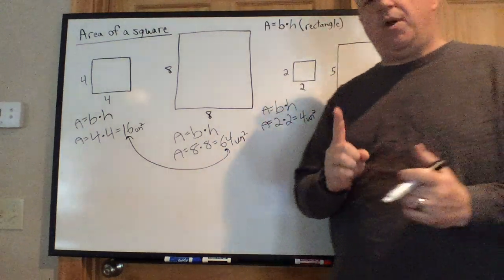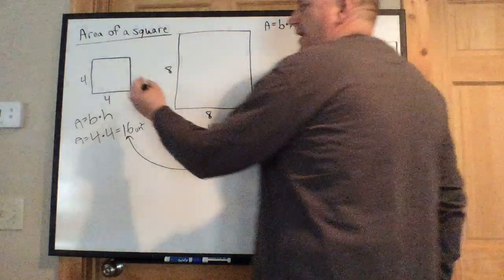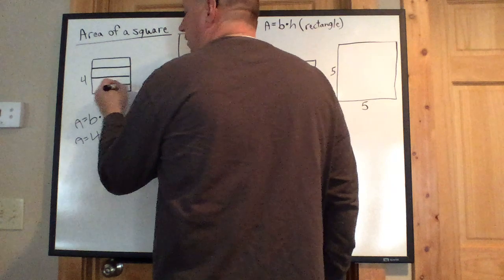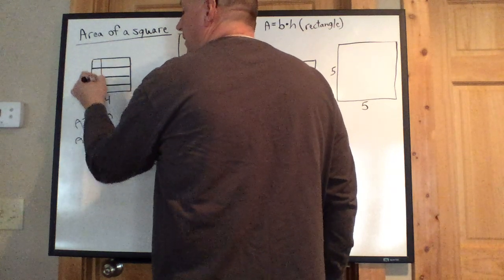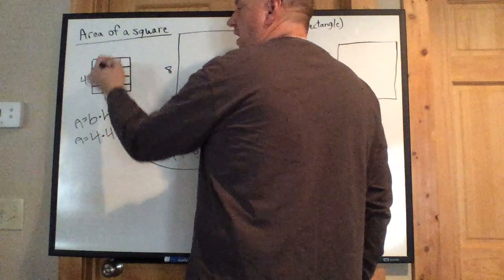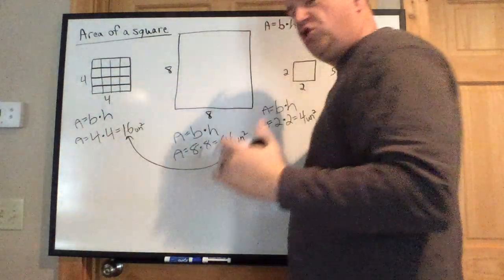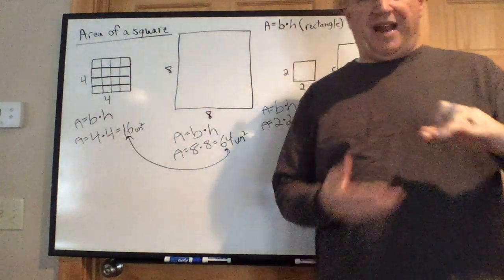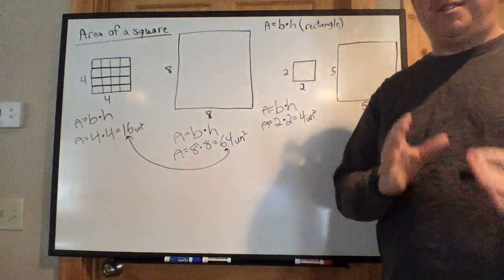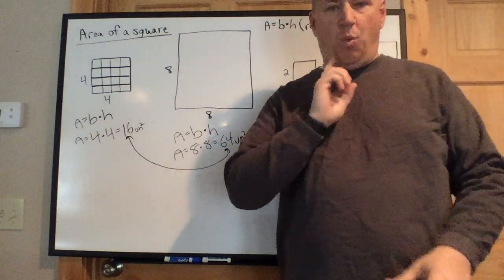Because remember, when we're talking about area, we're talking about how much area is taken up by this entire shape. There are 16 one-unit blocks, and it's a squared unit because it has 2 dimensions. If we're just dealing with perimeter or a distance between 2 points, that's one-dimensional.